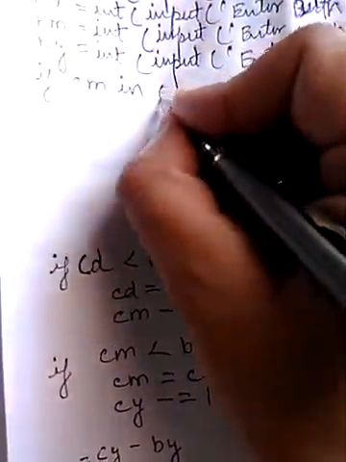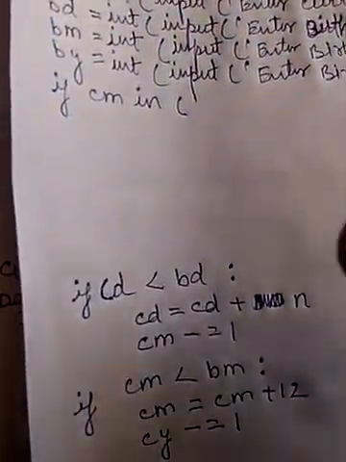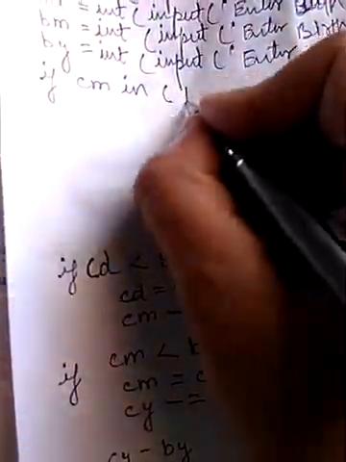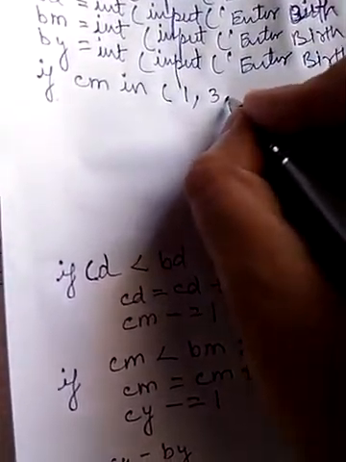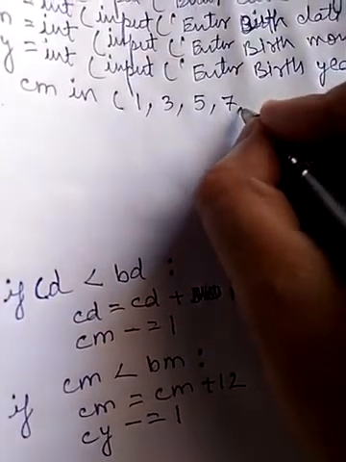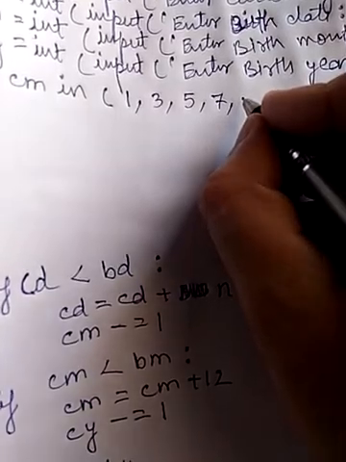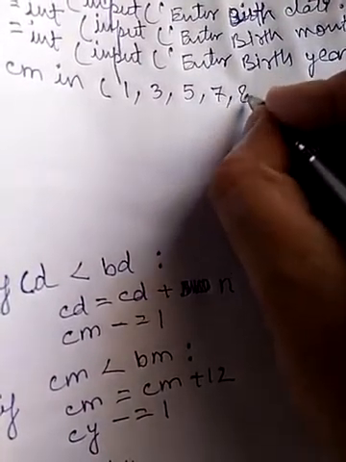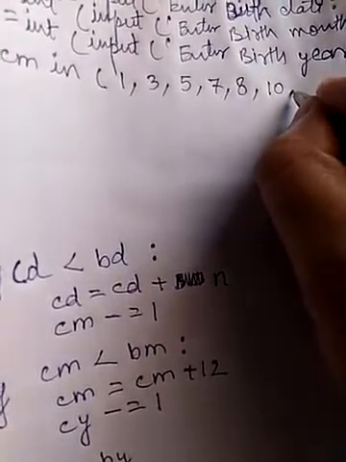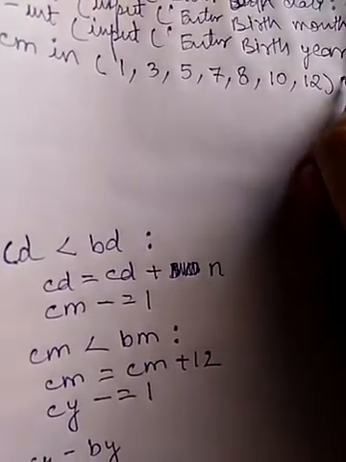Now let us check. If the current month is in, I am writing here the months which have 31 days, that is 1, 3, 5, 7, 8, 10, 12.